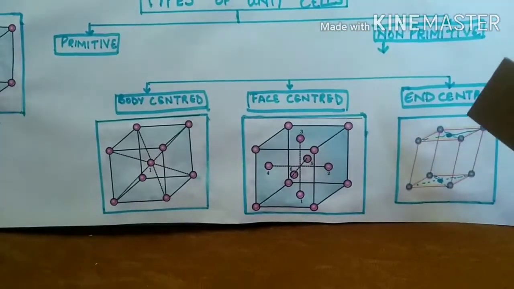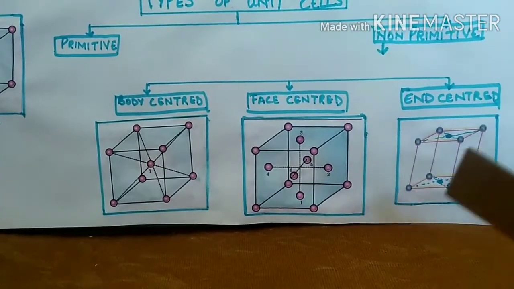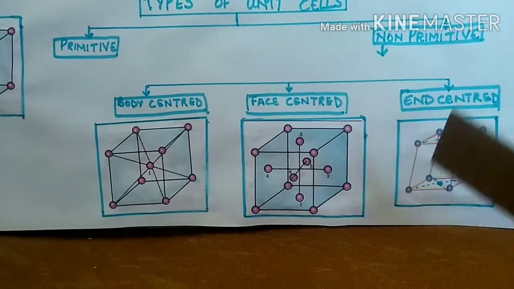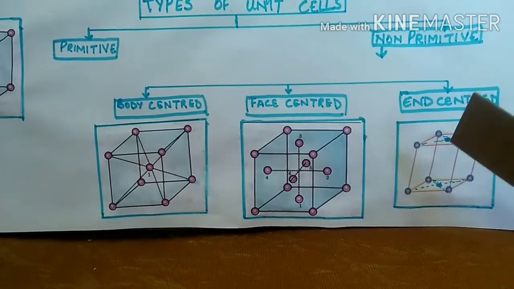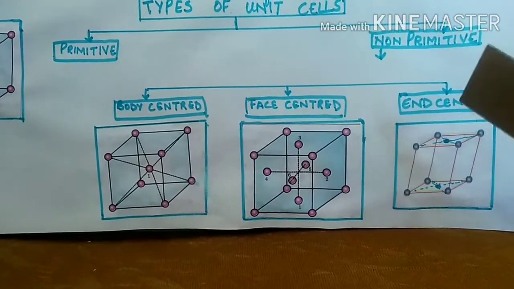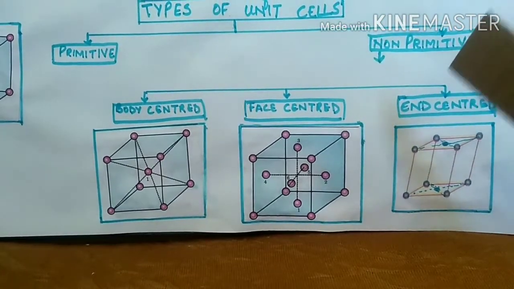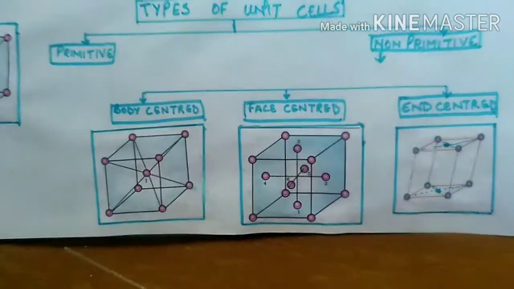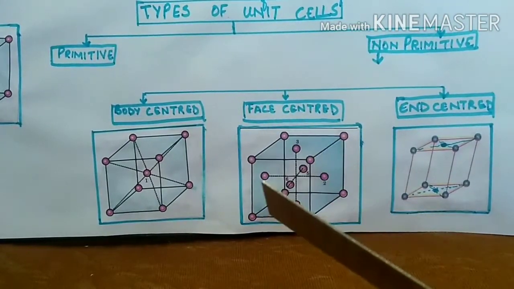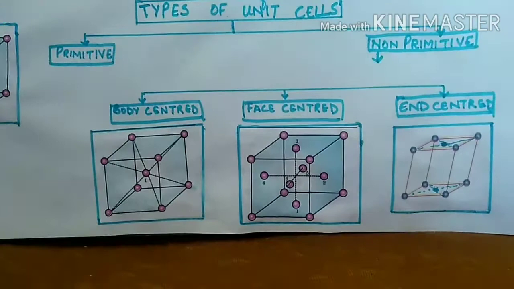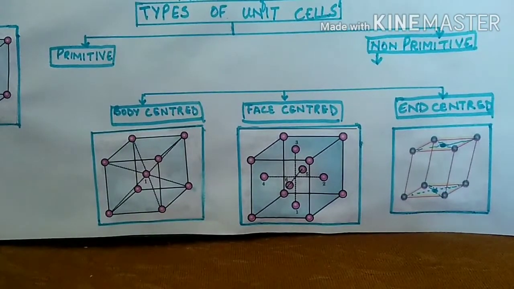And in the end-centered, atoms are placed at the corners and in the center of the 2 end faces. So the non-primitive unit cells can be further of 3 types: body-centered, face-centered and end-centered unit cells.